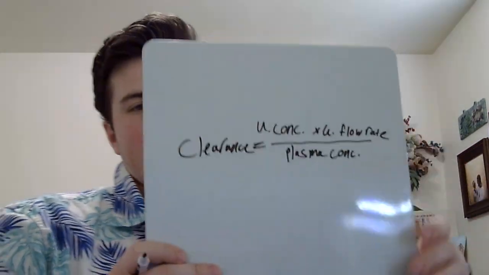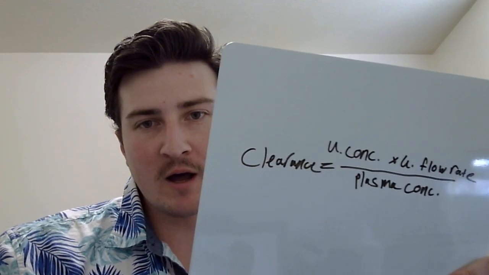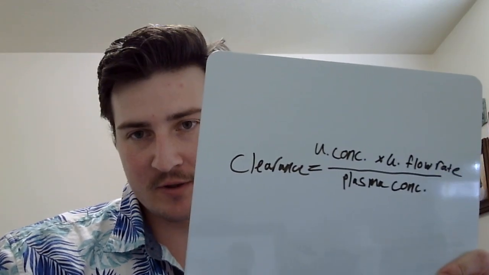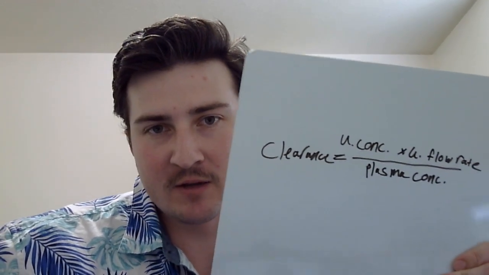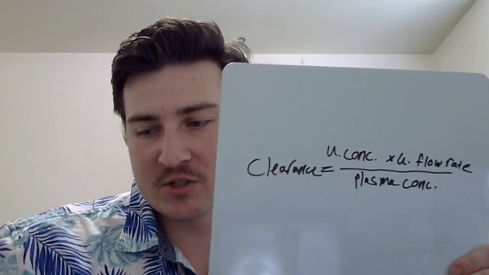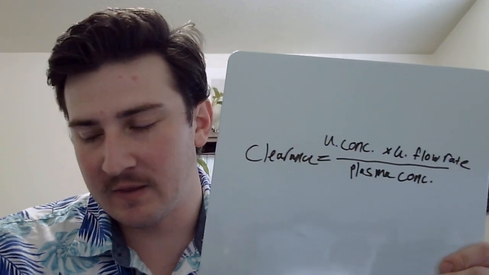And so this really gives us what clearance is. By determining how concentrated our urine is and how much it's flowing through us, and then knowing how concentrated our plasma is, we can really determine how much kidney activity we have and how healthy they are.